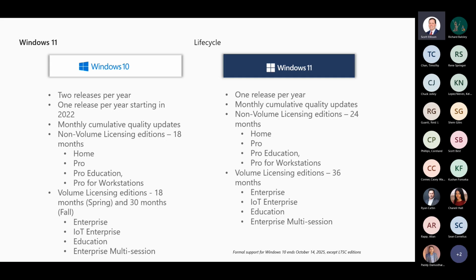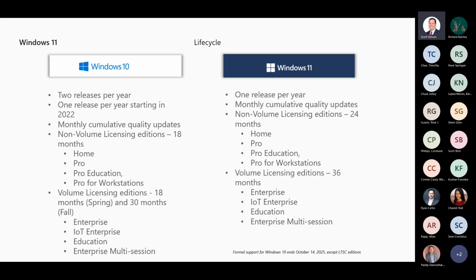One of the things that you'll definitely notice is the lifecycle support, depending on the SKU of Windows that you're deploying in your organization. The Windows 10 Pro SKUs, like Pro Education or Pro for Workstations, were on an 18-month life cycle.